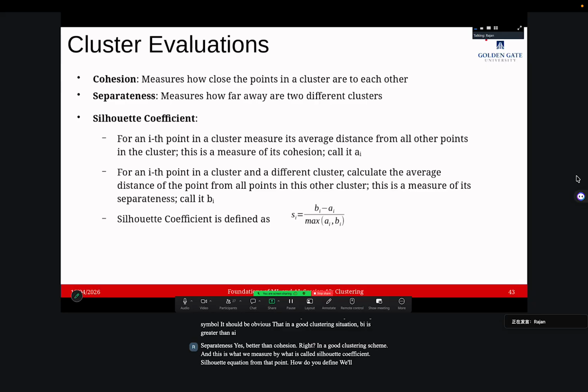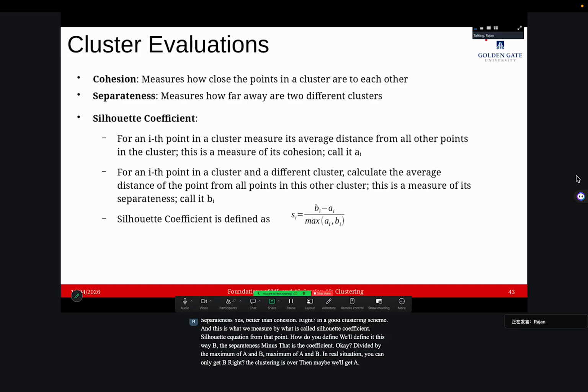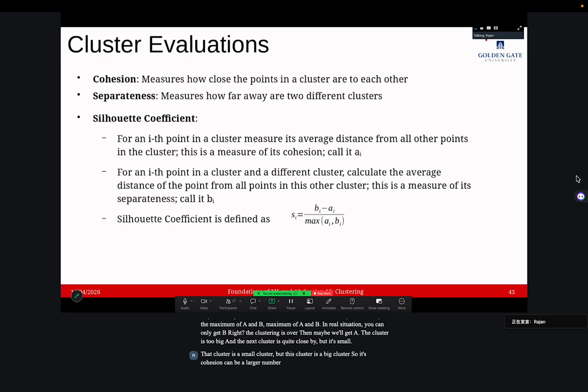We define it this way: B, the separateness, minus A, the cohesion, divided by the maximum of A and B. In real situations, we won't always get B. If the clustering is poor, then maybe we will get A. If the cluster is too big, and the next cluster is quite close by but small, then its cohesion can be a larger number than the separateness.